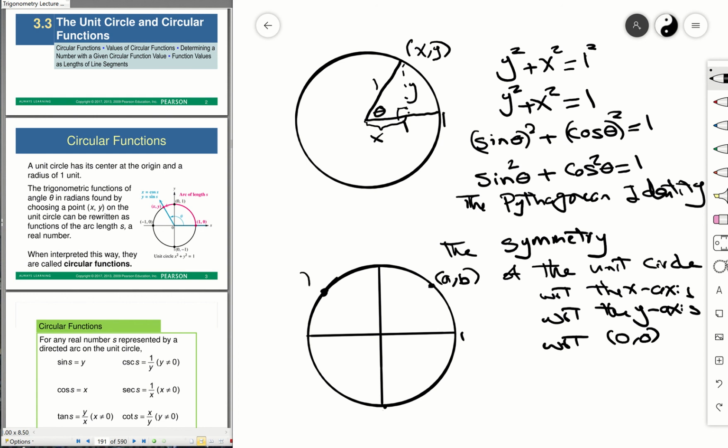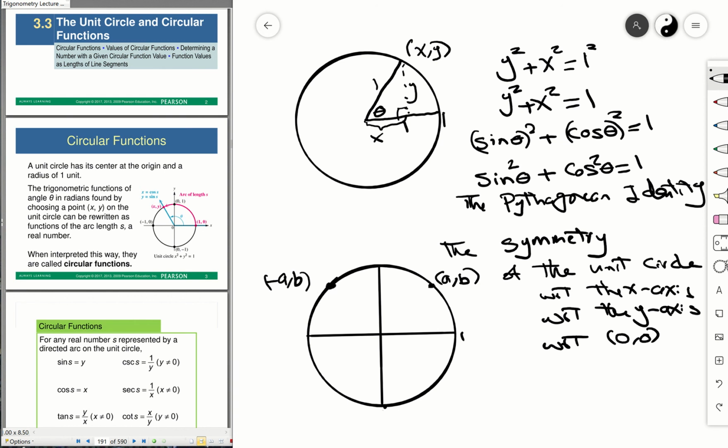So go ahead and pause and guess what that point is before you play again. Okay, so you should have realized that if that's AB, that should just be the point negative A, B. All right, I should draw it a little bit further up right here.